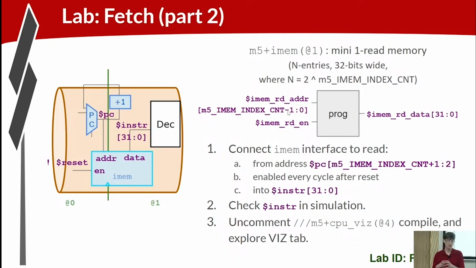The instruction memory is going to get built to be sized sufficiently to hold whatever program we provide. In this case, I believe our program is 8 instructions, if I remember correctly. So the array is going to be 8 entries, and we need to be able to index into those entries. So in this case, the bit range for the read address is going to be 0 to 2.